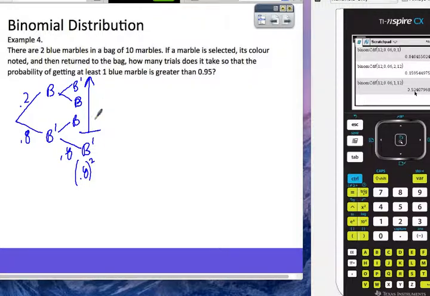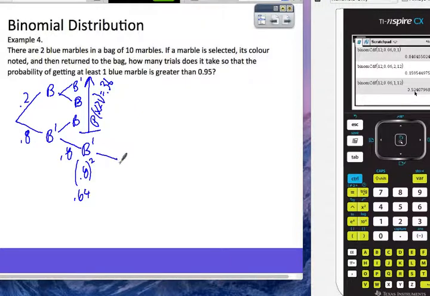So again, this probability here, you can think of as the probability that x is greater than or equal to 1. And in the case of after 2 trials, not getting blue 2 times is 0.64. So the probability of getting at least 1 blue is 0.36. And that's how that works.